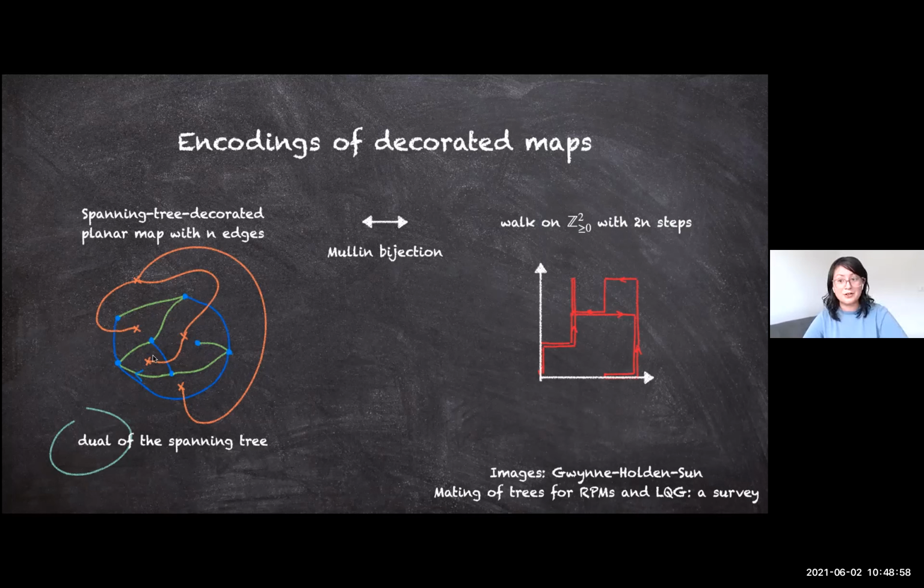Now you have your contour function, and how does this contour function specify a walk in the positive quadrant? I didn't draw it because it would involve more lines, but essentially we can draw a quadrangulation from our planar map. This quadrangulation subdivides our vertices into triangles.